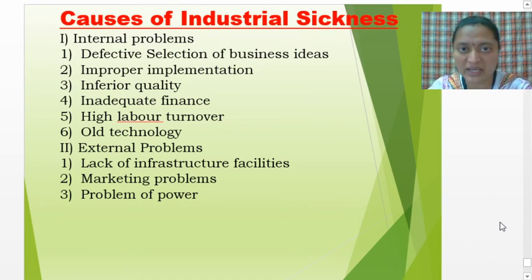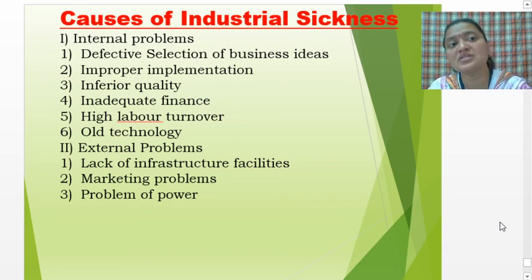Then inadequate finance. If there is not enough money or funds available, then there is a problem of finance, and the industry will become a sick unit. Then high labor turnover. What do we mean by high labor turnover? If laborers or workers of one company leave that company and go to another organization, and not just one or two workers but many workers leave, then the industry will become a sick unit, because it will come into loss.